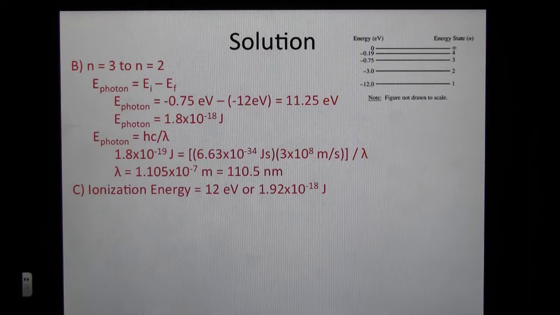If the initial state is the ground state, where the energy equals negative 12 electron volts, and where n equals infinity, the energy equals 0, then the ionization energy, or the energy required, is 12 electron volts. Converting that into joules, we multiply it by 1.6 times 10 to the minus 19, and we find the ionization energy in joules to be 1.92 times 10 to the minus 18.